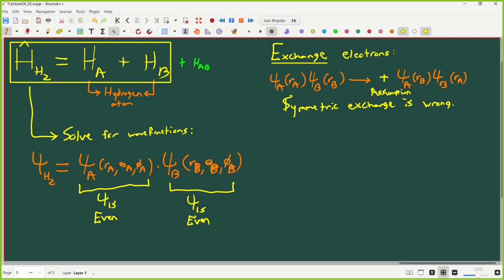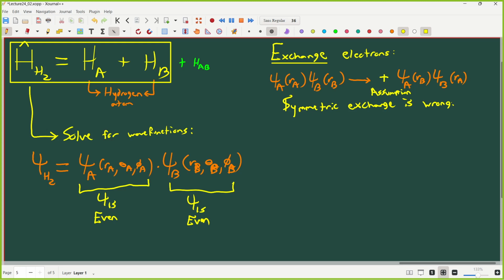When you exchange electrons, which happens all the time in a molecule, electrons can replace each other because they're all identical. There's no real reason why A has to be A and B has to be B. When you do this manipulation, you get a negative sign instead.